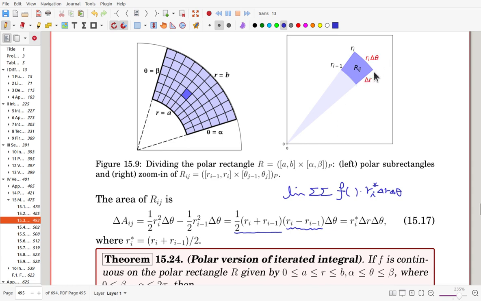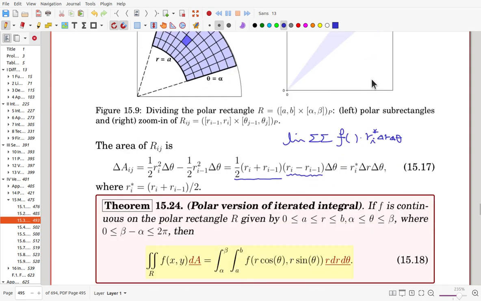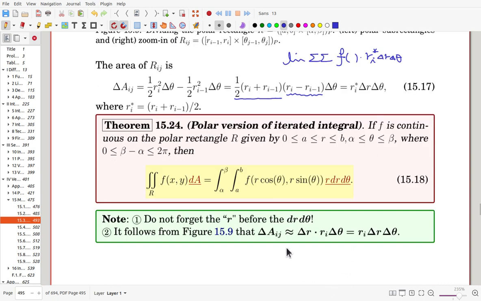So this times that one side, that is another side. If you multiply these two, then that is the same as Ri, delta R, delta theta. So simply, if you assume this is a rectangle, then you can approximate the area of the sub-region in this way, so that eventually you can get, through the Riemann sum, the same formula.